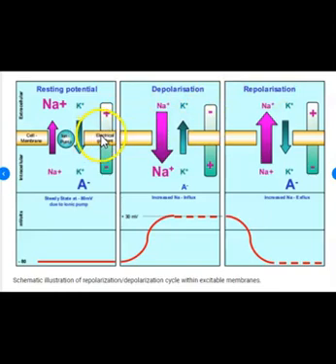And this happens in sections. The first part of the neuron might be in resting potential, then it might go into depolarization and repolarization, and then behind it, it's still at resting potential. So it doesn't just happen all at once. These things occur all along the length of the entire neuron.